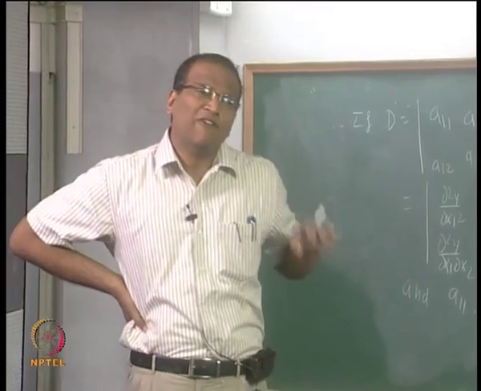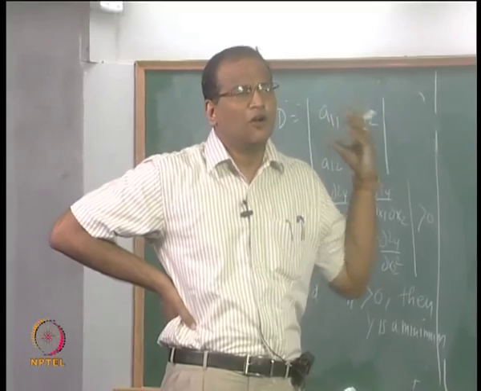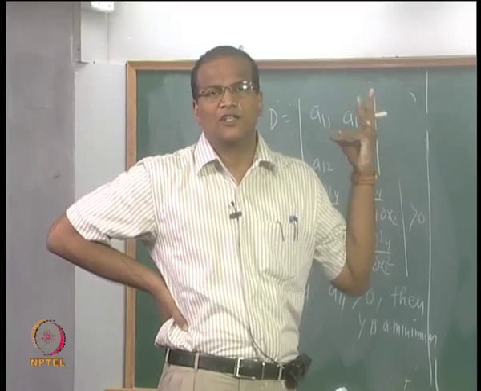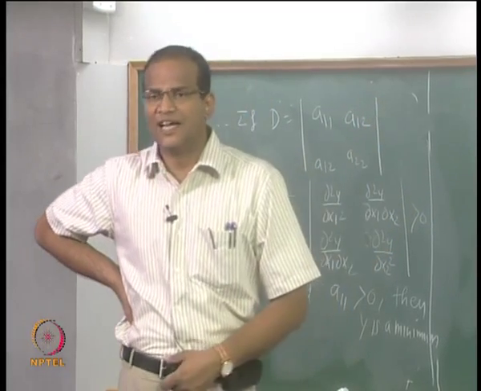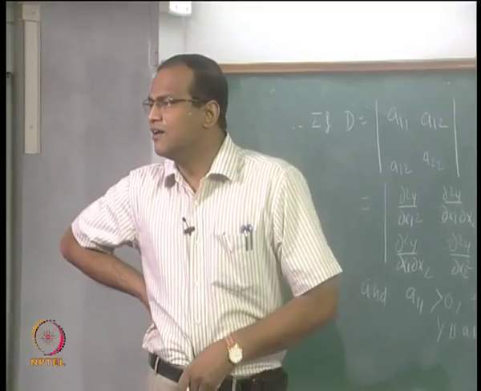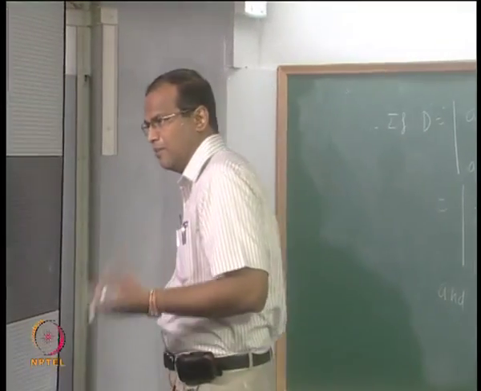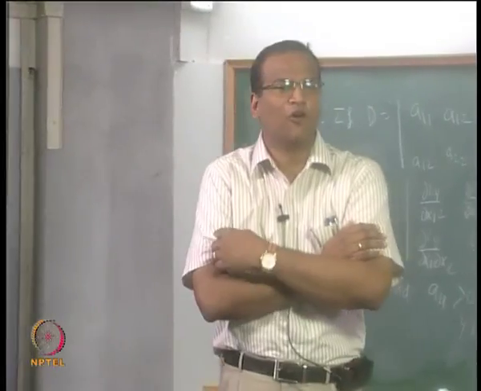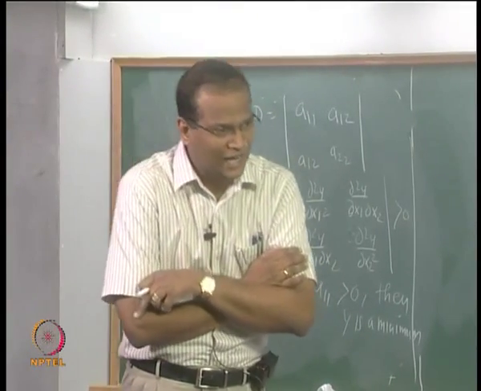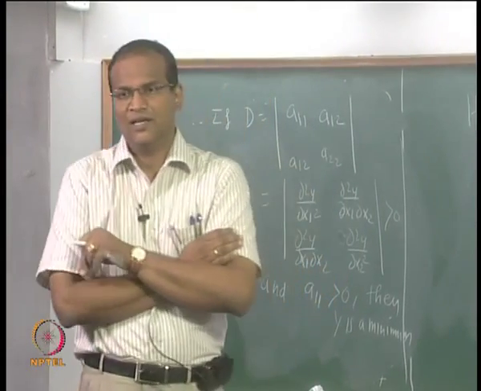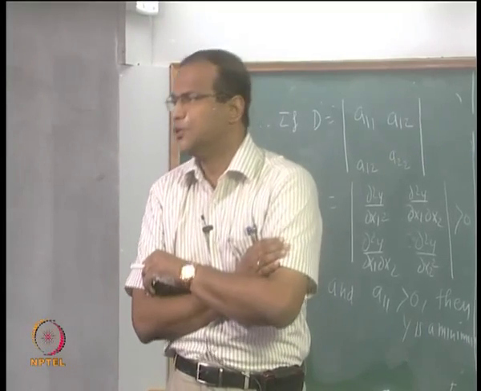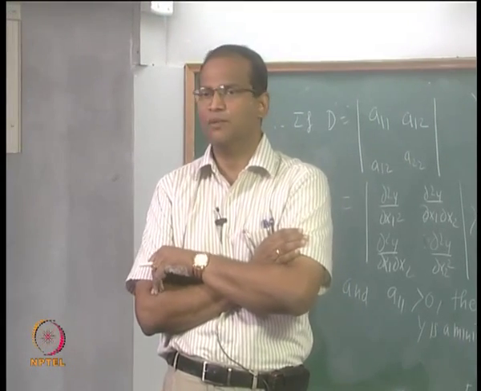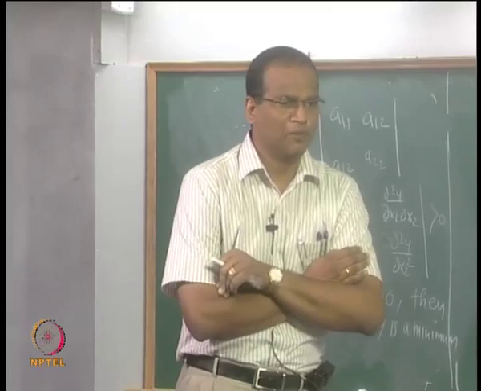In fact, for most engineering problems, without doing the Hessian test, you will be in a position to decide whether the resulting optimum is a maximum or minimum. However, to be formal and clinically correct, you can go for the testing with the Hessian matrix and be sure that the final extremum you obtain is really a minimum or a maximum.